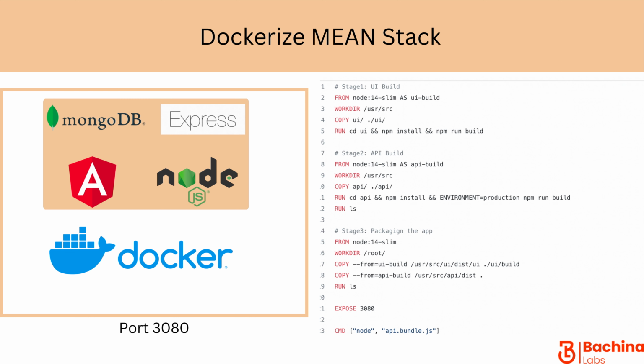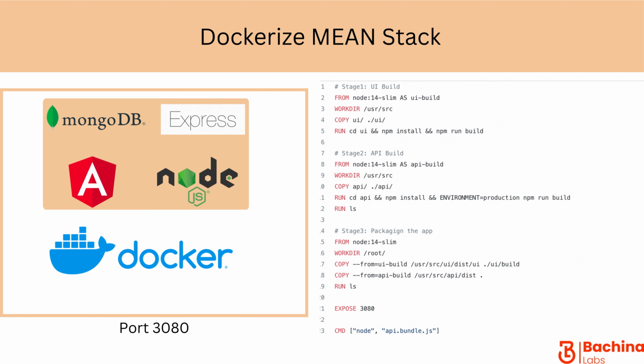You can eliminate a lot of libraries and dependencies in the final Docker image. So for example, if you look at this, in the first stage we are naming this UI build. So we are building the UI. In stage 2 we are building the API, and we are naming this API build. In stage 3, we are copying from the UI and from the API.